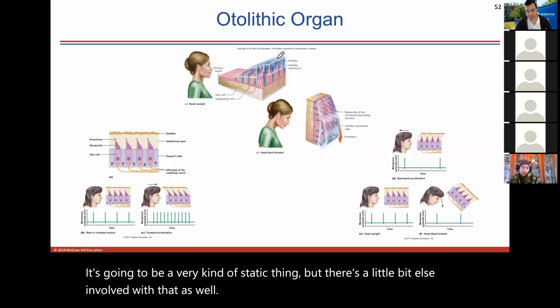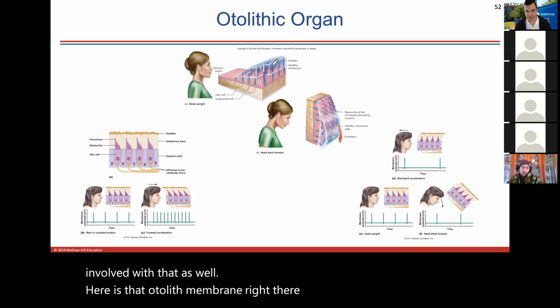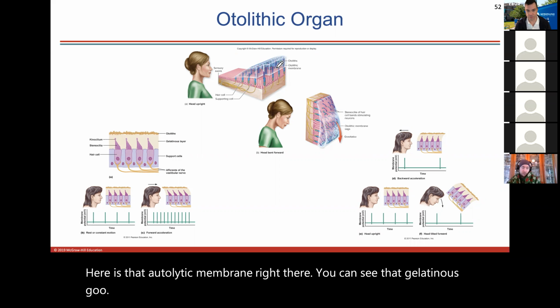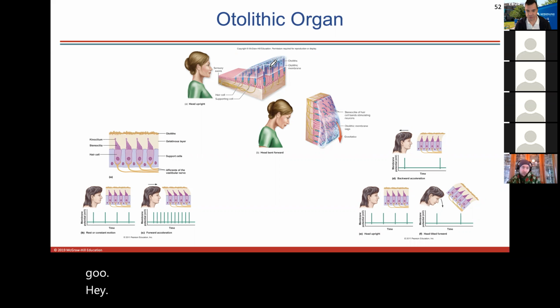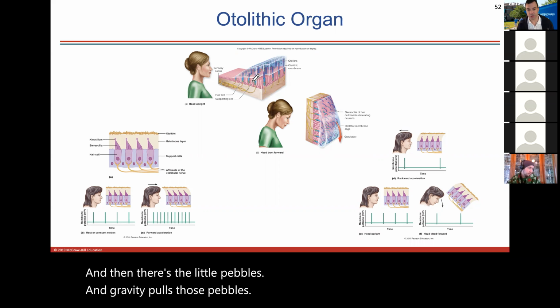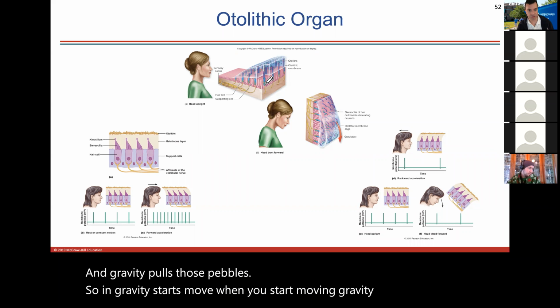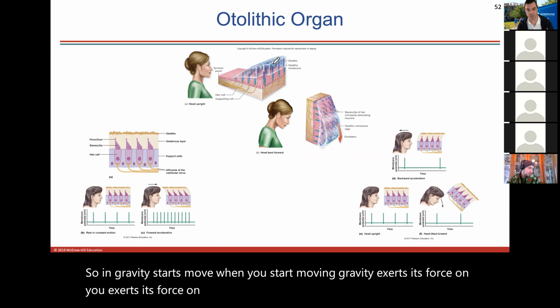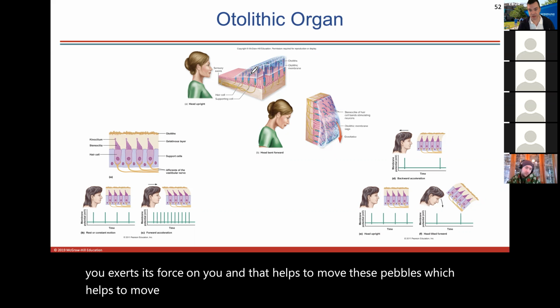Here is that otolithic membrane right there. You can see that gelatinous goo, and then there are the little pebbles, and gravity pulls those pebbles. So when you start moving, gravity exerts its force on you, and that helps to move these pebbles, which helps to move the jelly in different directions.